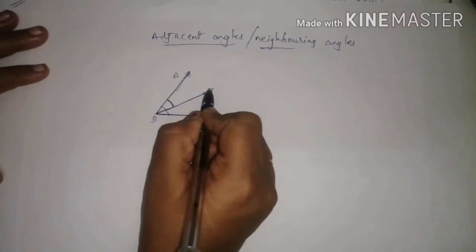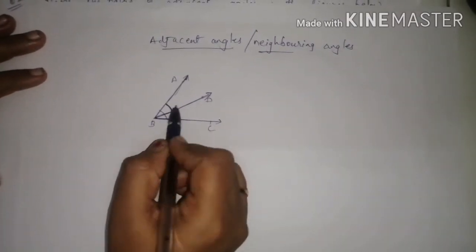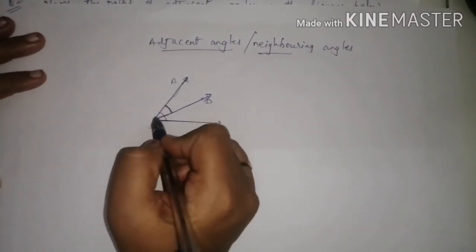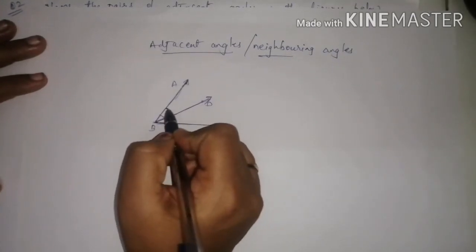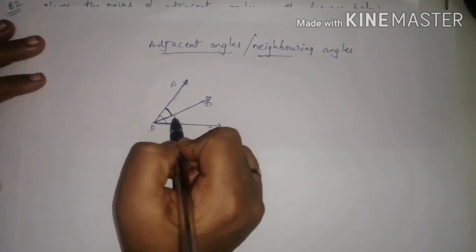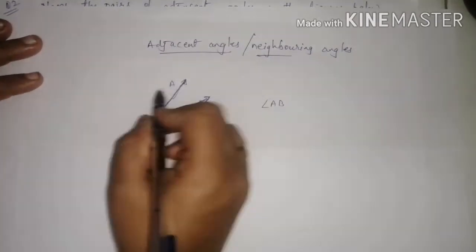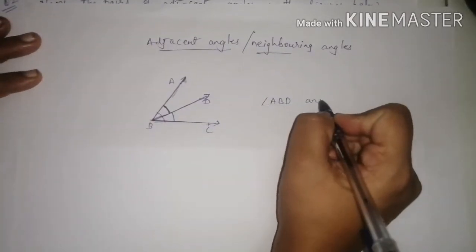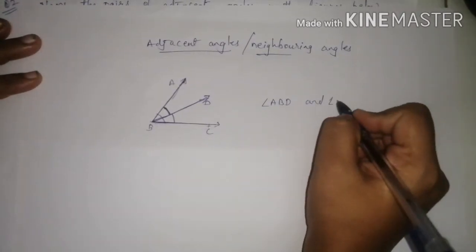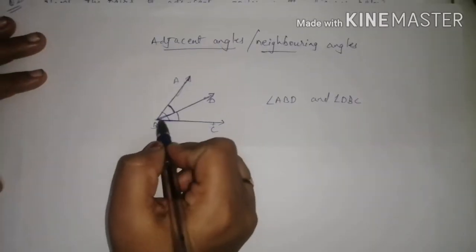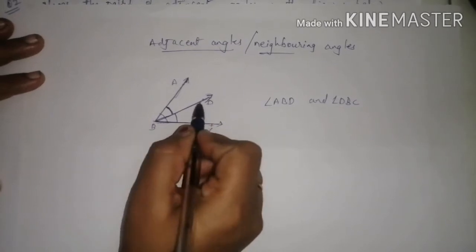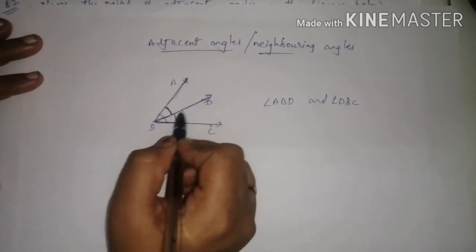This ray BD is common. If we take these two angles, the main angle is ABC. If we take angle ABD and angle DBC, see, this ray is common. Ray BD is common to these two angles.